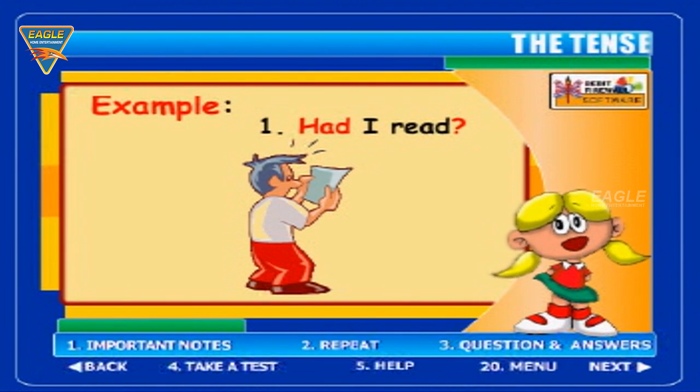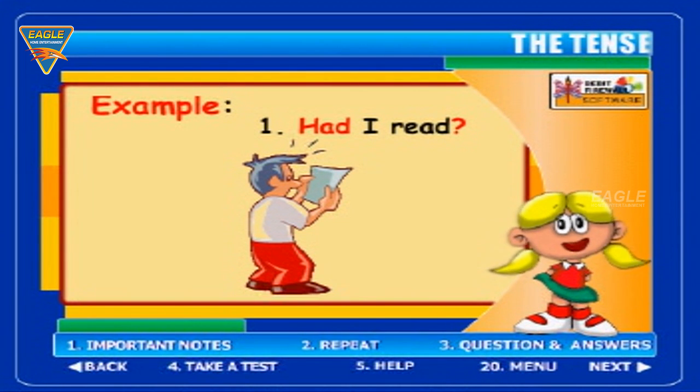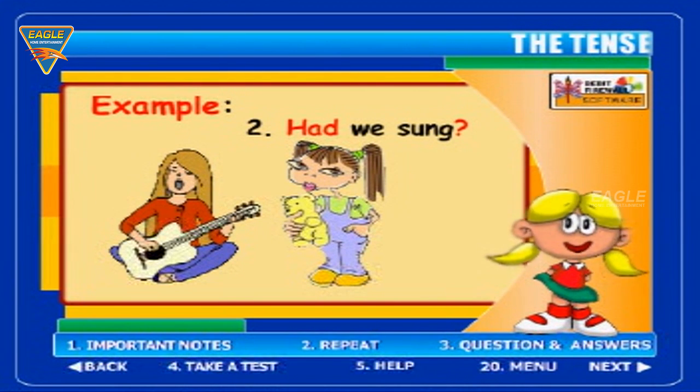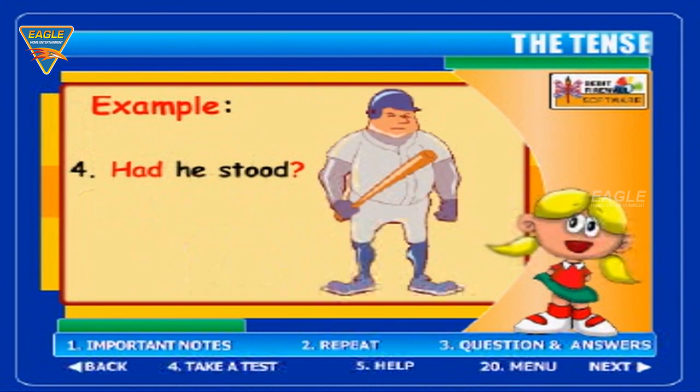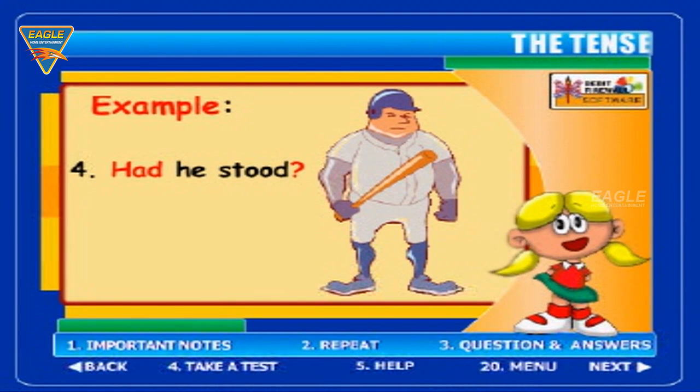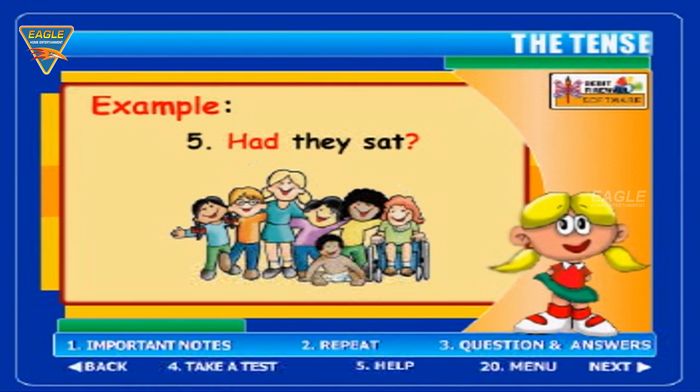Example: had I read. Had we sung. Had you played. Had he stood. Had they sat.